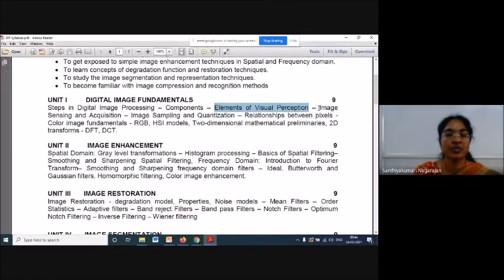Next, in what way you sense an image which is available in an environment, how you acquire an image which is present in an environment. Then we are going to see what image sampling and quantization are, and the relationship between pixels, color image fundamentals, the primary colors red, green, blue, then hue, saturation, and models. What are the two-dimensional mathematical preliminaries needed to know about this digital image?